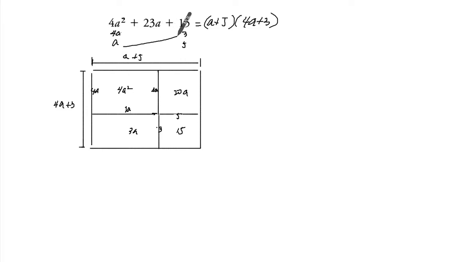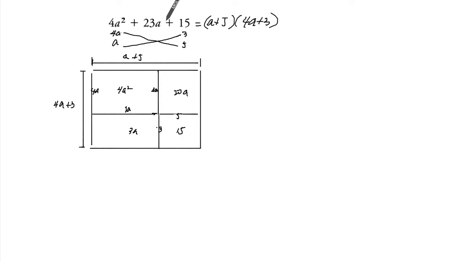So I multiply this to get 3a, and I multiply this to get this 20a. But my answer is, the length of the sides here is 4a plus 3 and a plus 5. So you do a little cross multiplication to check to see if you get these right areas.